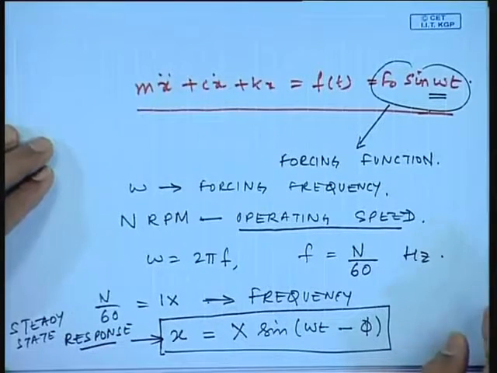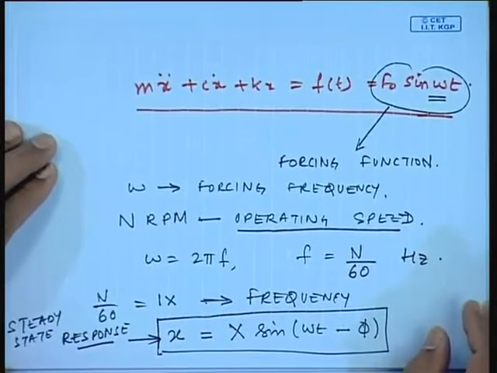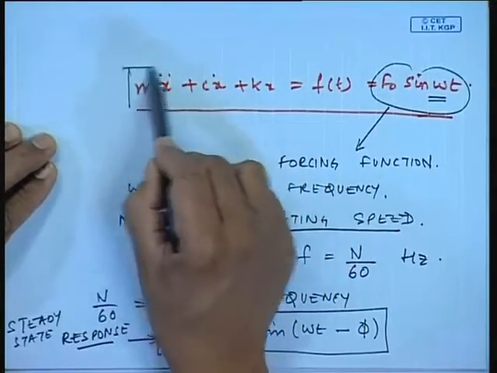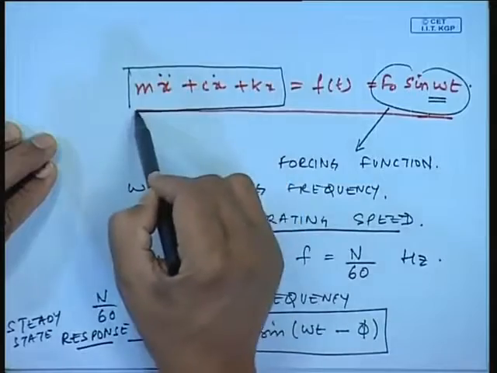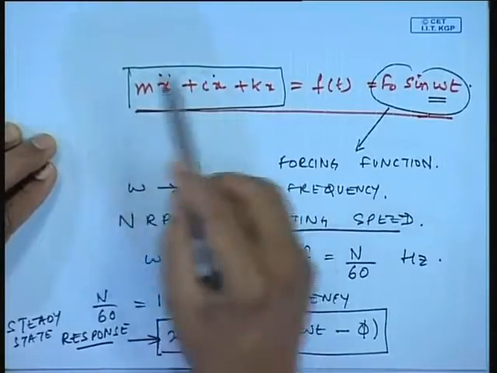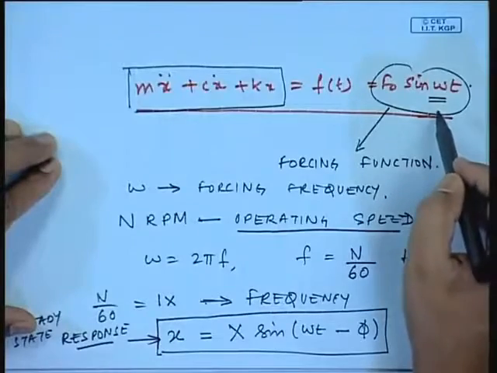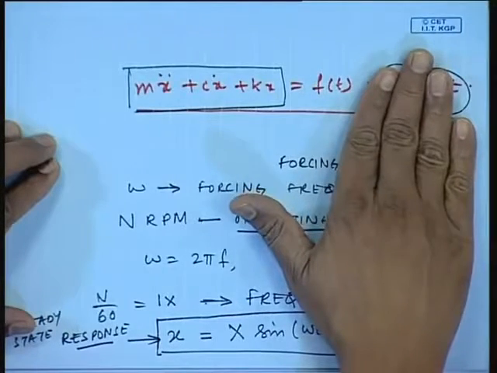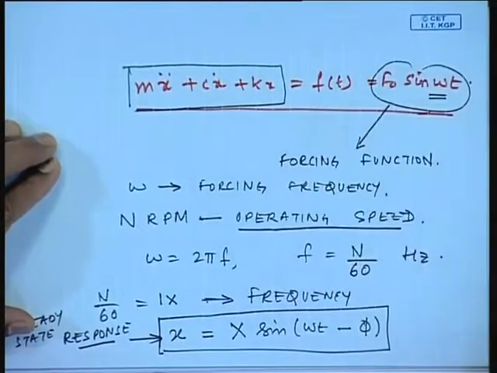Because you would appreciate that this system which has been represented by this equation will have a response. But where is the energy coming from to generate this response? It obviously has to come from this forcing function. So, if this forcing function was not there, if the right hand side was 0, I would not have a steady state response.